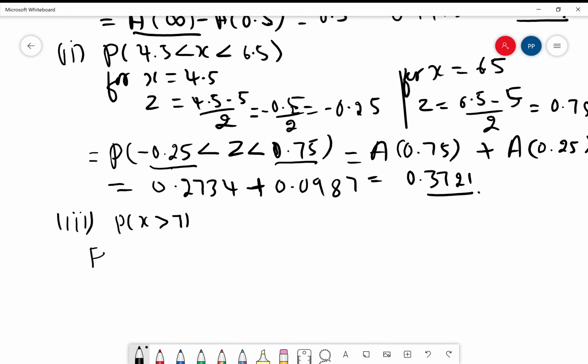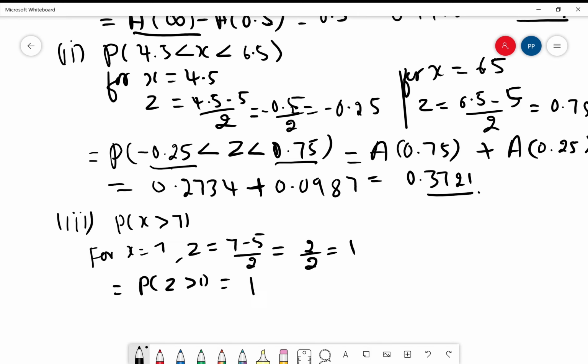For x equals 7, what is z? z equals 7 minus 5 by 2, which equals 2 by 2, which equals 1. Therefore, this becomes P of z greater than 1, which is P of 1 less than z less than infinity, which equals phi of upper limit infinity minus phi of 1.